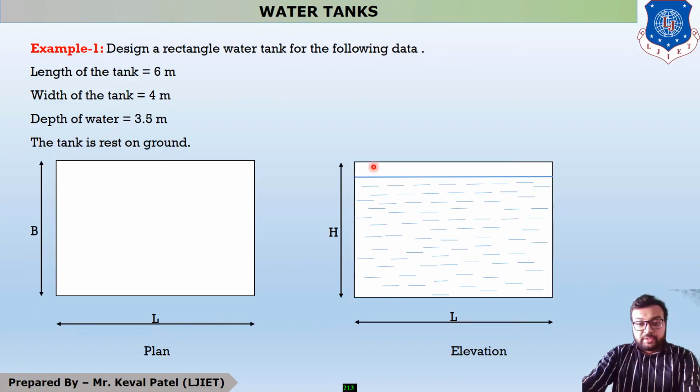Students, the total height is 4 meter in which bottom 1 meter is designed as cantilever portion, and above that, 4 minus 1 is equal to 3 meter, this portion will be designed as continuous portion.